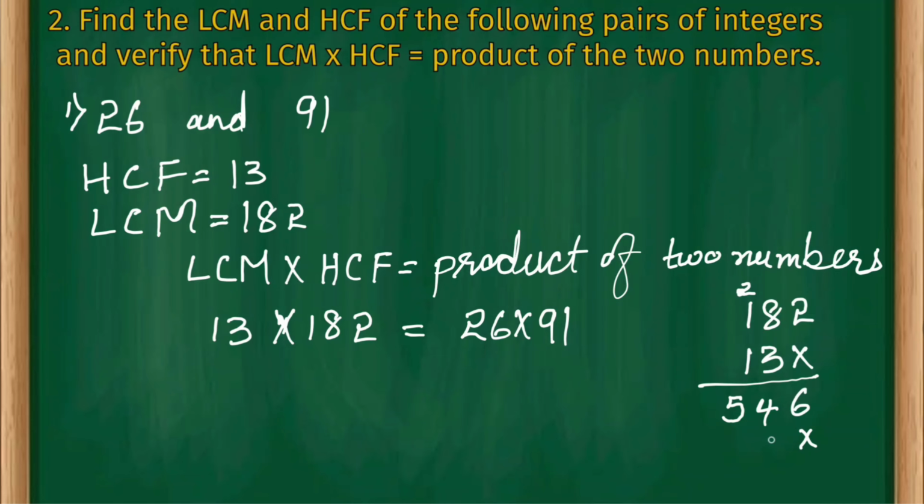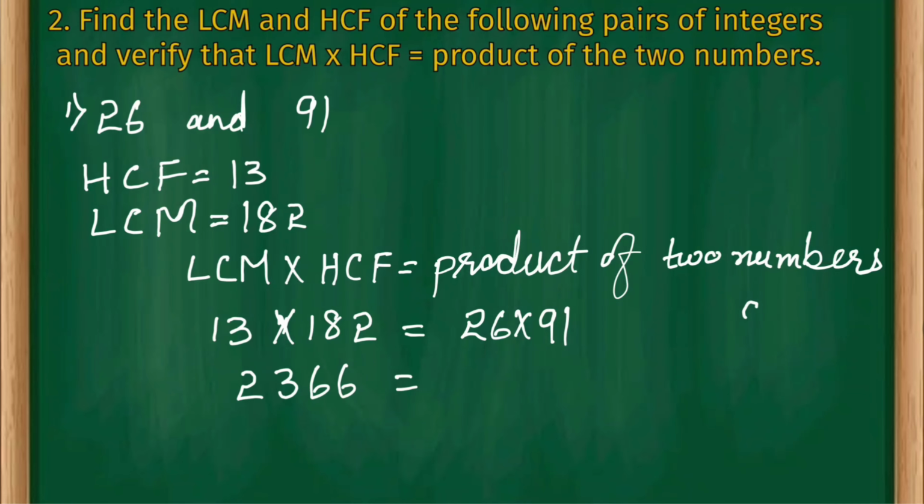Next, multiply 1 with 2. 1 2s are 2, 1 8s are 8 and 1 1s are 1. After adding these we get 6. Then 4 plus 2 is 6 again. 5 plus 8 is 13, and 1 plus 1 is 2. So the answer is 2366. We got 2366 in the left hand side after multiplying LCM with HCF.